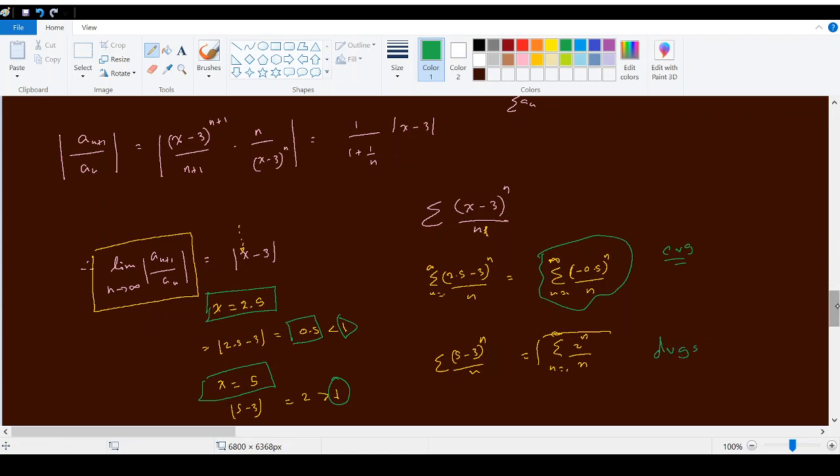So just have a look at this result and see what happens for the same series and for two different x values. For a certain value of x, the series converged, and for a different value of x, the series diverged, right?